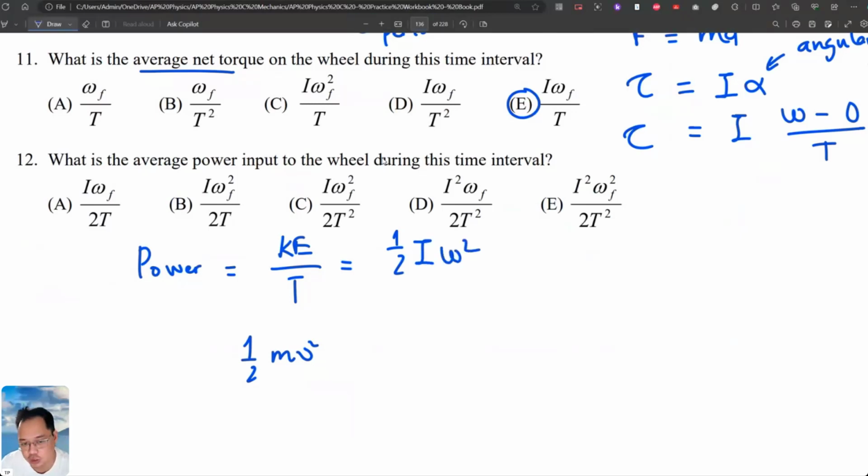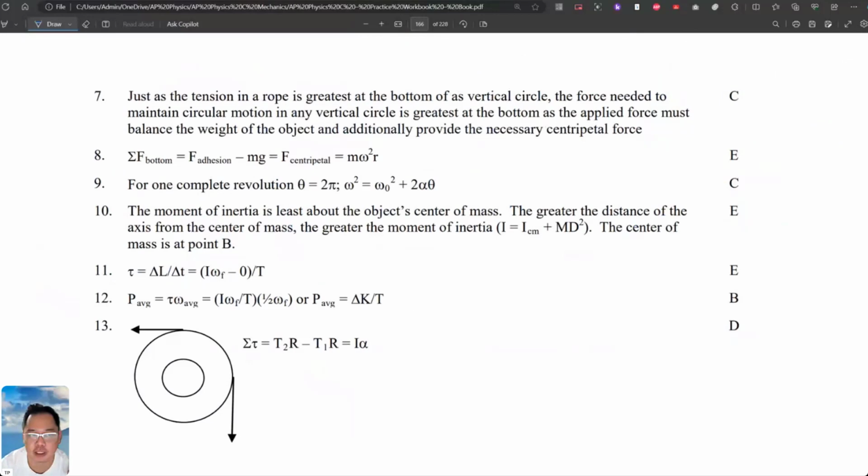So 1/2 I omega squared over the time, the period T. We put the 2 at the bottom, so we have I omega squared over 2T, which is B. 12B.